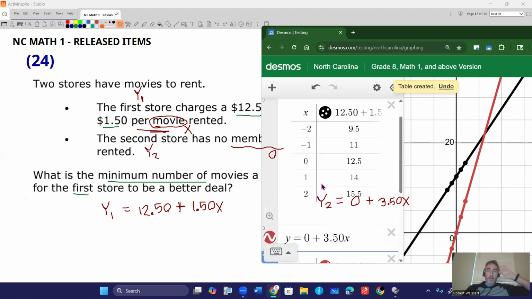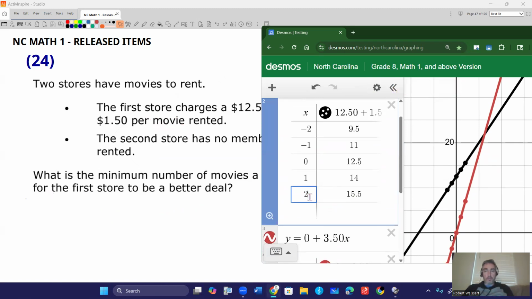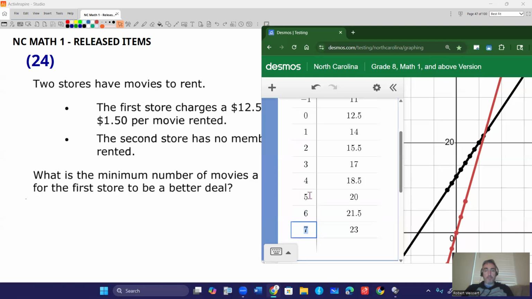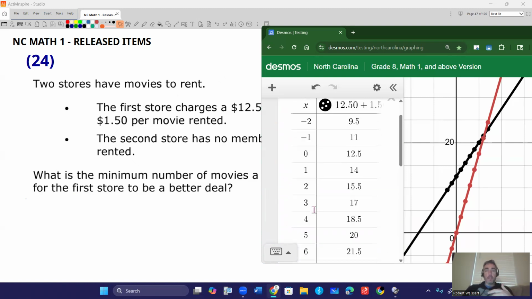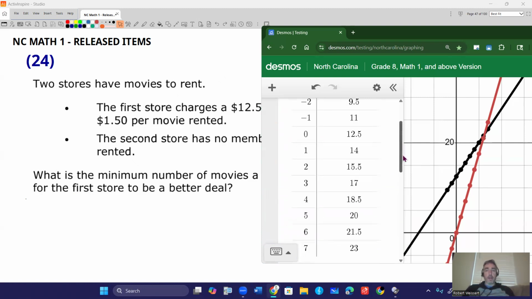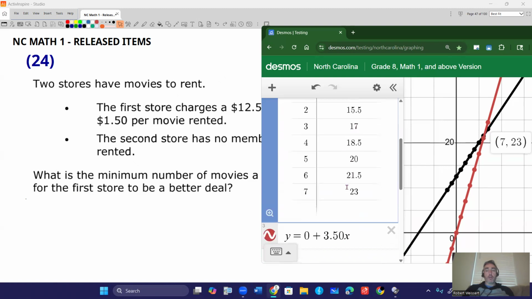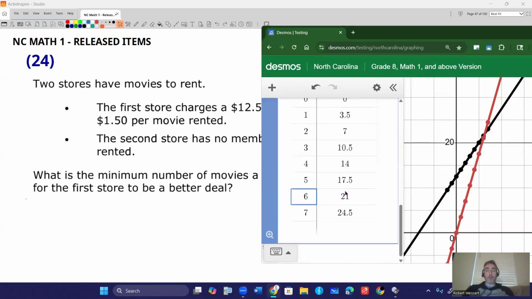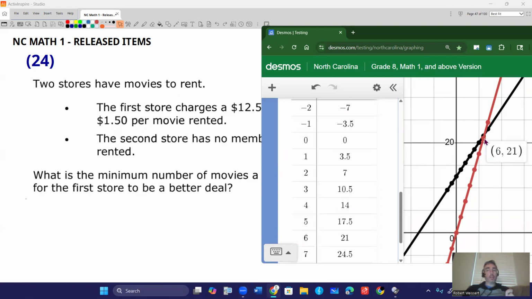If I go through and do 3, 4, 5, 6, 7, you can just click on it and press enter and it'll give you some values. Let's look at that first one. If I rent six movies, I'm paying 21.50. You see that I'm still paying more than the other one. For that second one, if I rent six movies, I'm only paying 21. So six is going to be a little bit too small, but you can't rent 6.25 movies.